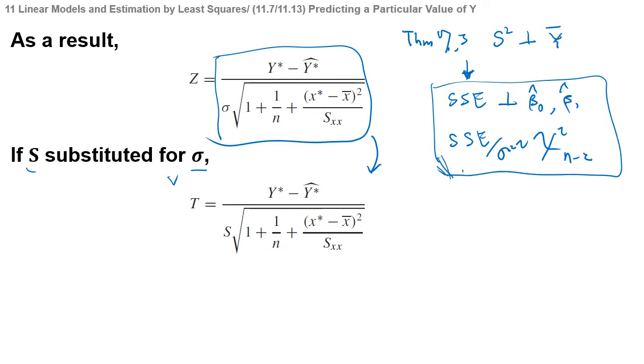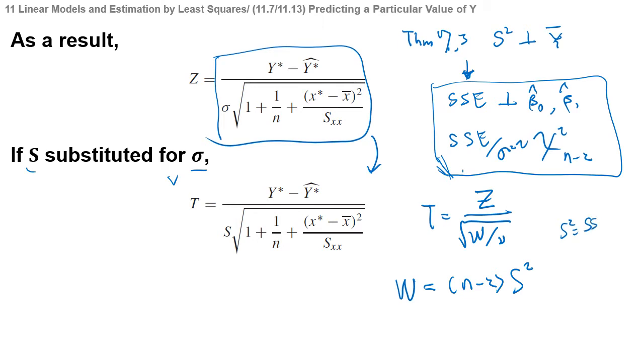then we can derive this t distribution. Actually, the t distribution is z divided by square root of w divided by nu, which is degrees of freedom, and let our w be n-2 times s square, and here s square is SSE divided by n-2.